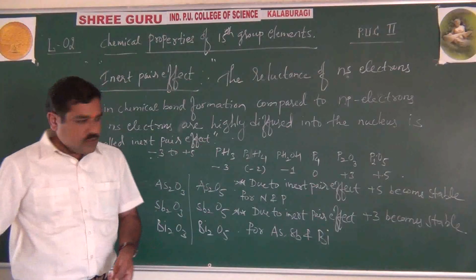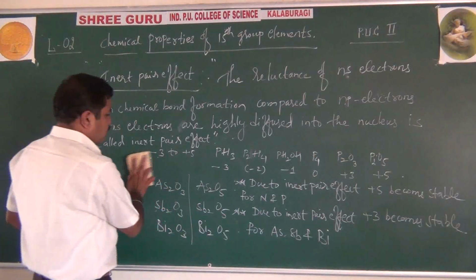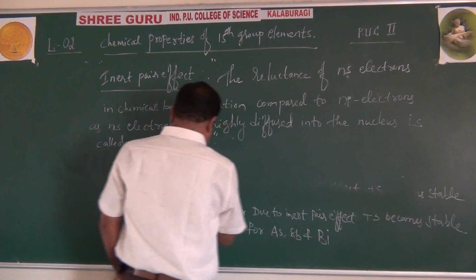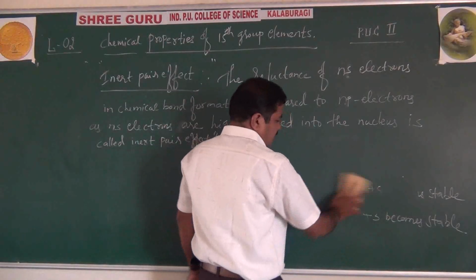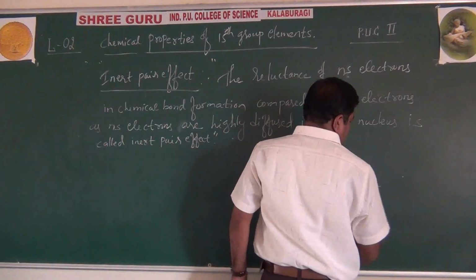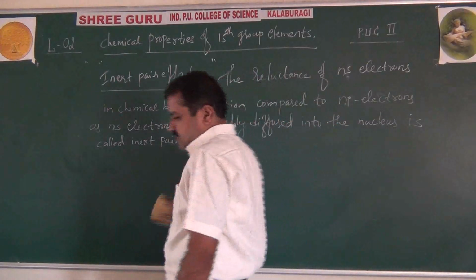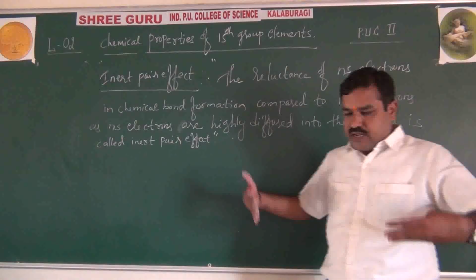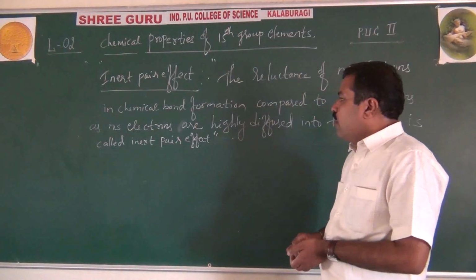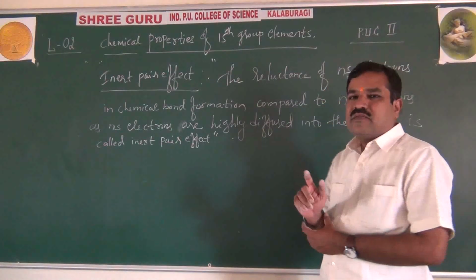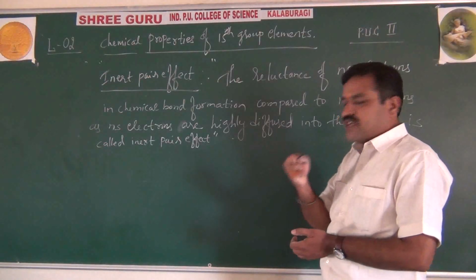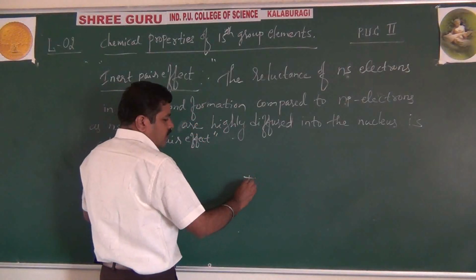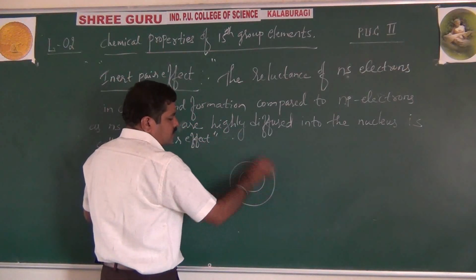Repeating: the reluctance of s electrons compared to p electrons in chemical bond formation. Why? Because ns electrons are highly diffused into the nucleus compared to np electrons. That increases the effective nuclear charge and becomes stable. Assume this is the central nucleus.